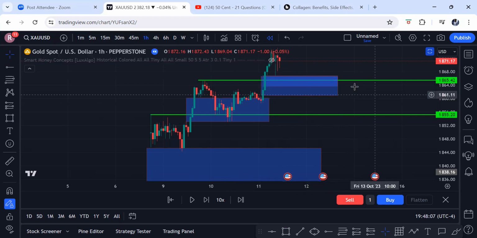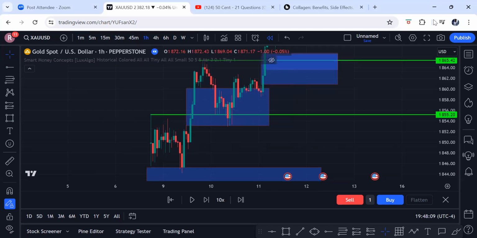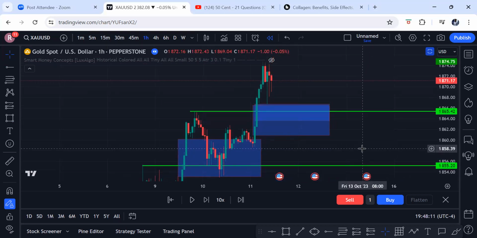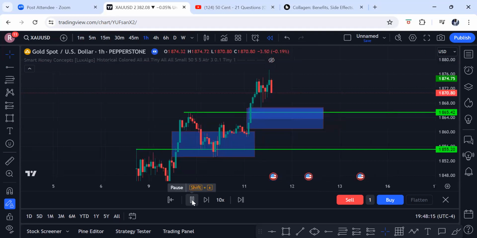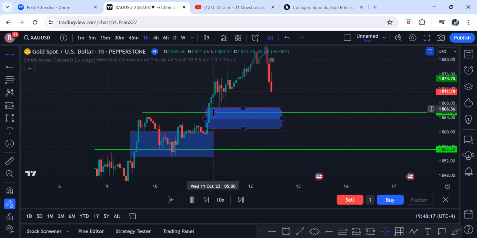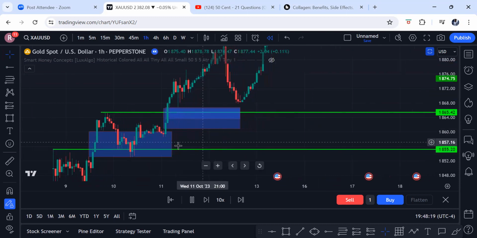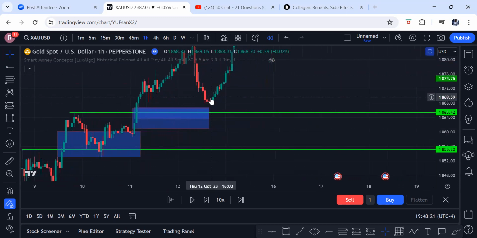So once again, do the same thing. All right, let's go. Of course, already top it. Came back there. Boom. And just about the area we missed, slightly.